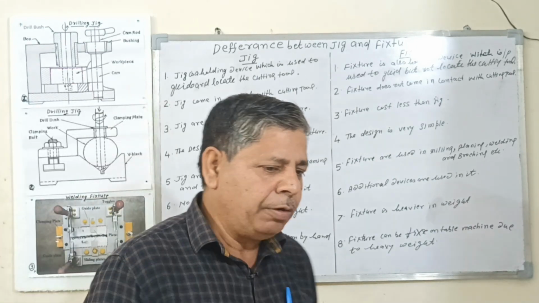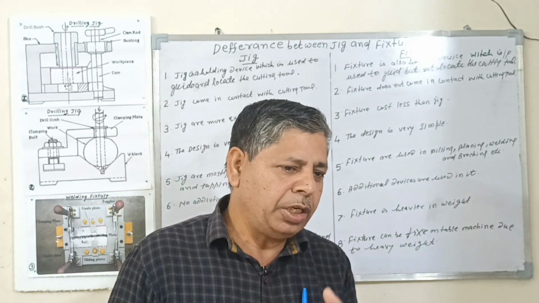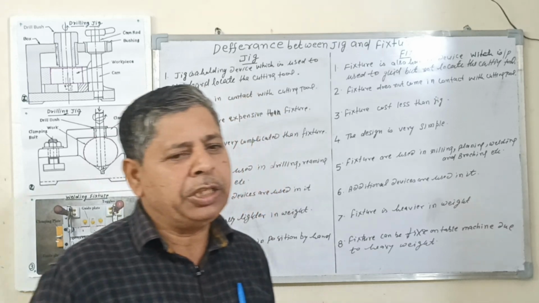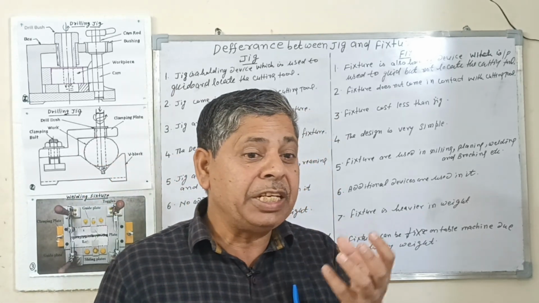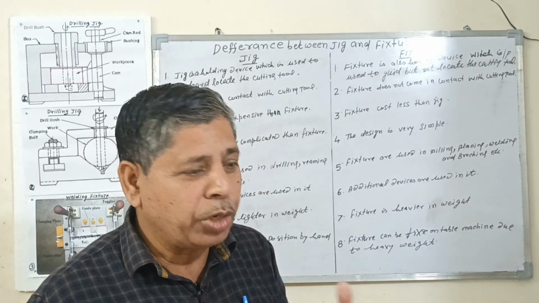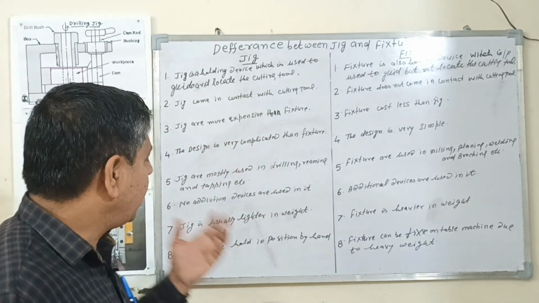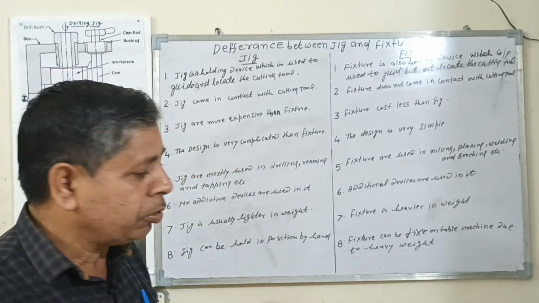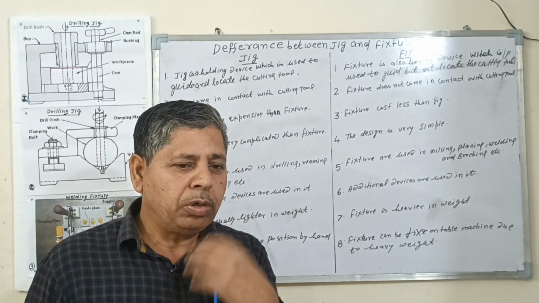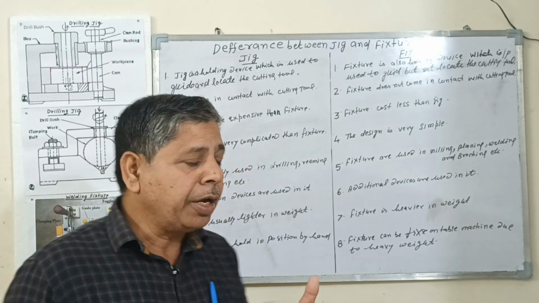Why are jigs and fixtures needed in industries? Jigs and fixtures play a very important role in increasing mass production. Second, jigs and fixtures are also used to reduce the overall cost of the company.